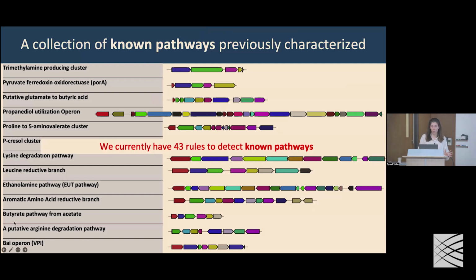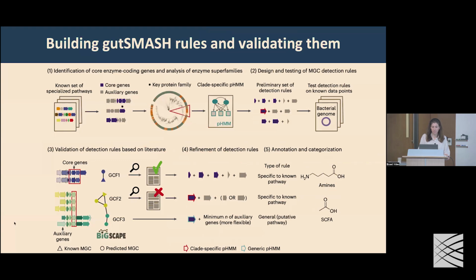And so we used these different pathways to build the detection rules for these known pathways. And how did we actually build these detection rules? Well, we started from this collection of known pathways.